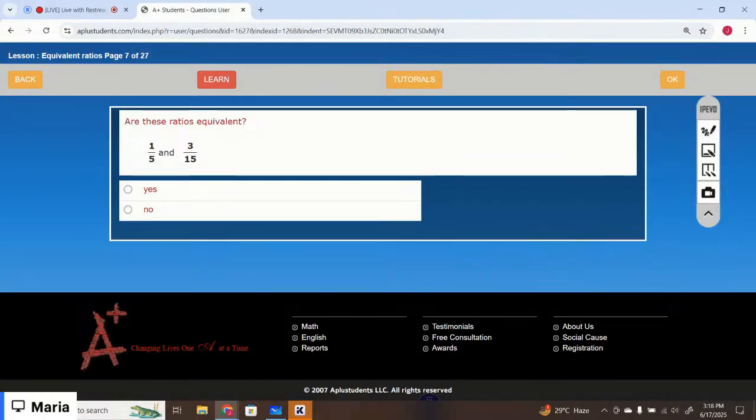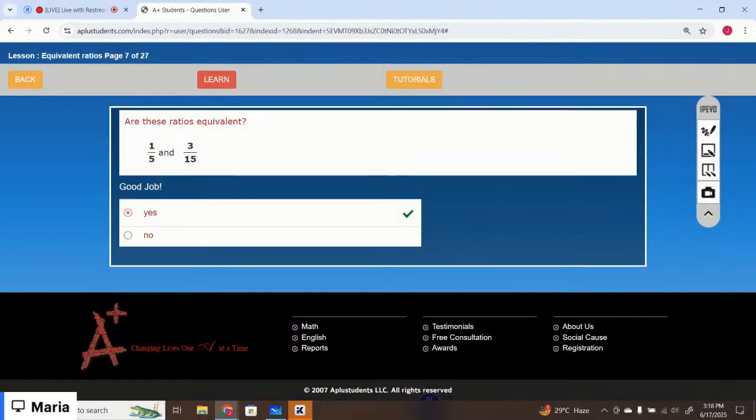So which is the correct option? Yes, they are equivalent. That is the correct option.